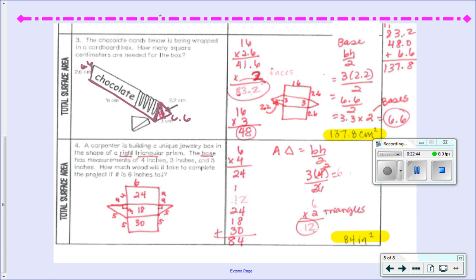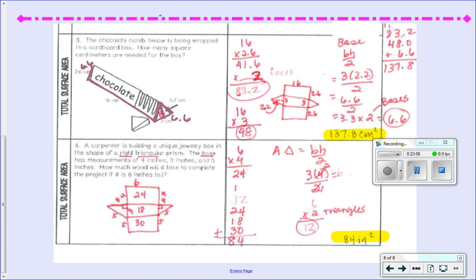Because that's the side length of your base. Are you good now? Are we good with that? Okay, so only this side and the other side are 2.6, right? So there's only 2 faces, right? Are we good with that?